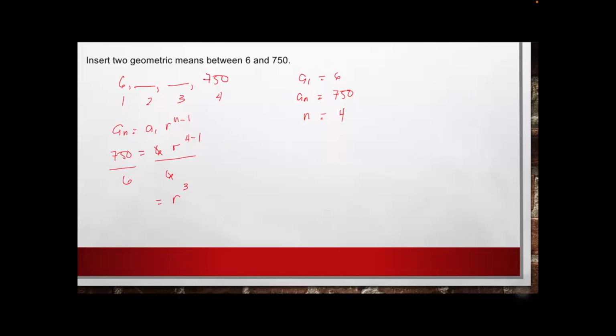The answer is 125. Okay, 750 divided by 6 is 125. Since the exponent is 3, or cubed, we're going to use the cube root.